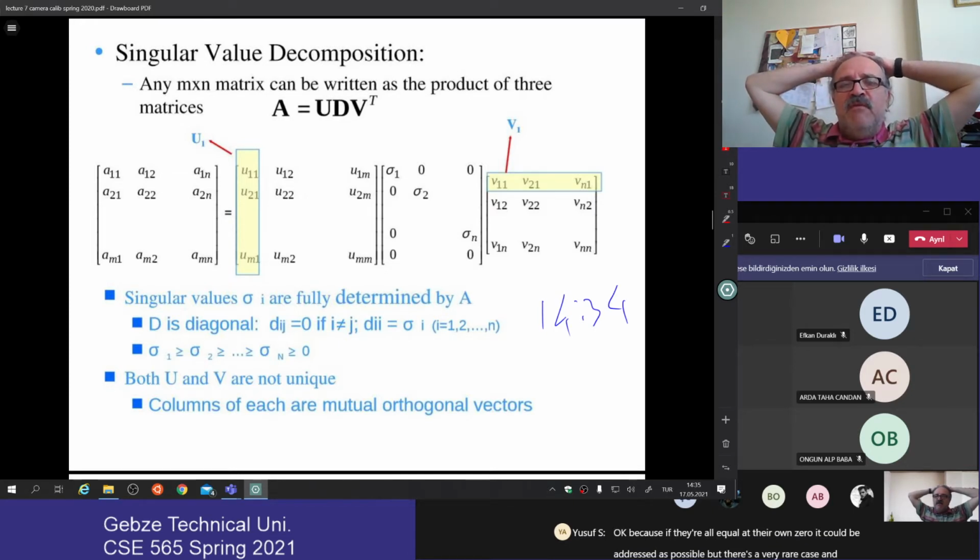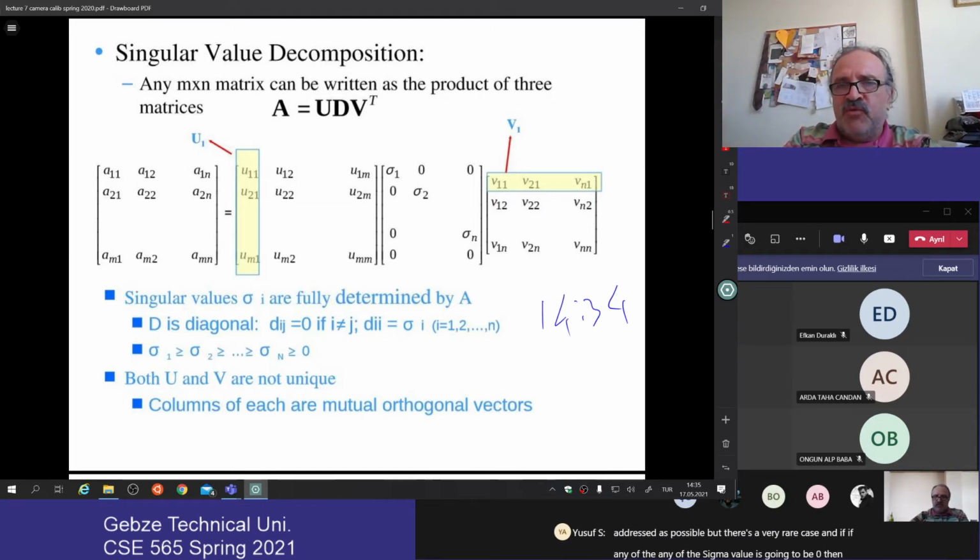If any of the sigma values is going to be 0, it has to start from sigma n, because sigma n has to be the smallest one. These sigma values are fully determined by A.